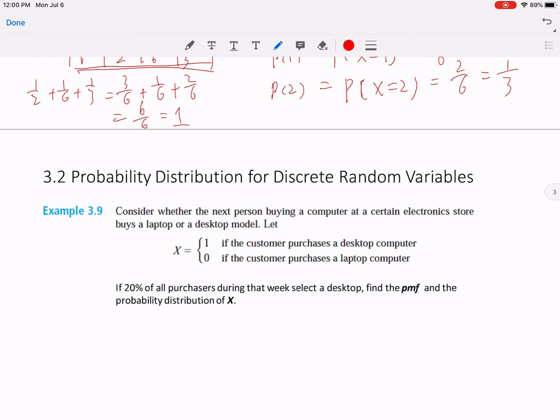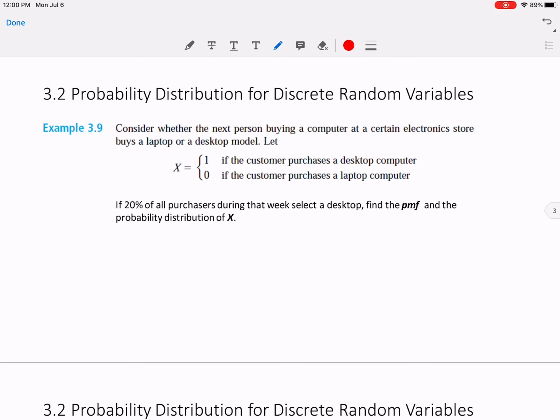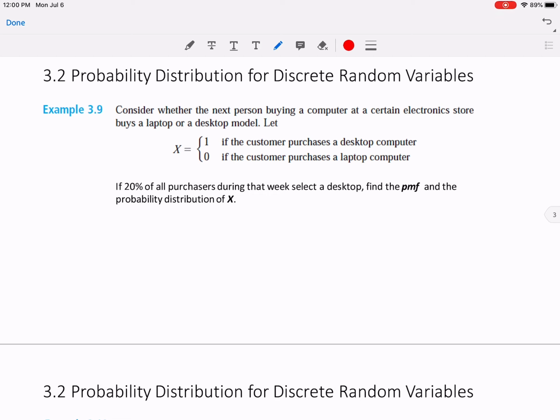Okay, now once this makes sense to you, let's take a look at this example 3.9. Consider whether the next person buying a computer at a certain electronics store buys a laptop or desktop model. Let x is equal to 1 if the customer purchases a desktop computer, and x is equal to 0 if the customer purchases a laptop computer.